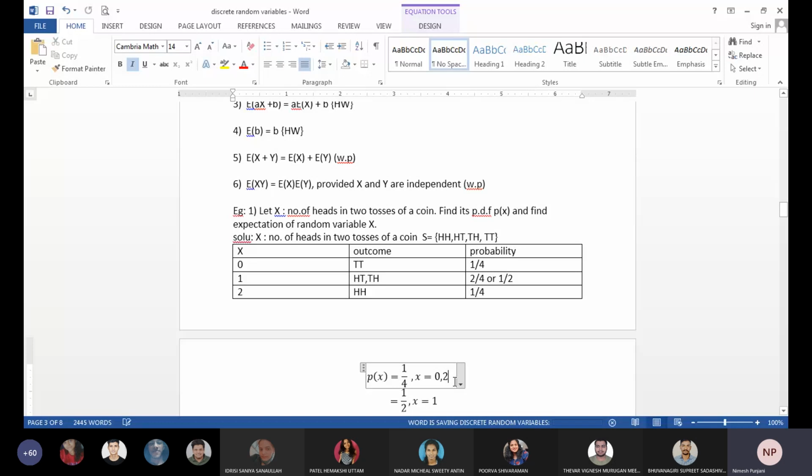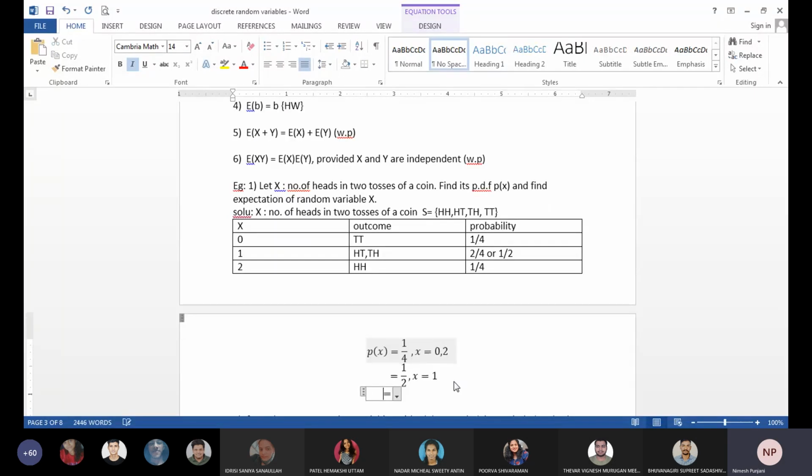It is equal to half when x is 1, and it is equal to 0 otherwise. For all other values your p of x will be 0, correct? Is this p of x clear?